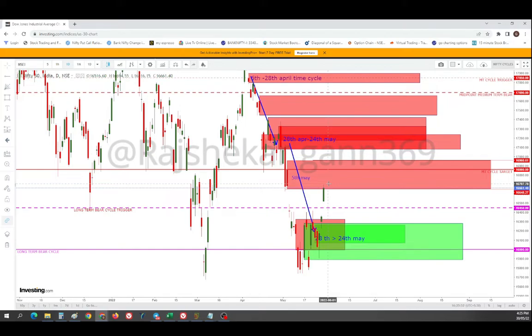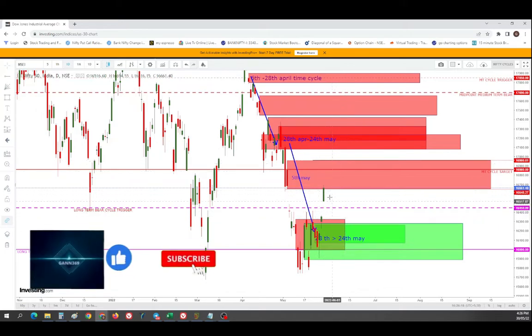Unless the 31st low breaks, prices won't turn bearish. Unless the 31st high is taken, it will not turn bullish. Now let's say if it creates price inside this band, then this also will become important.